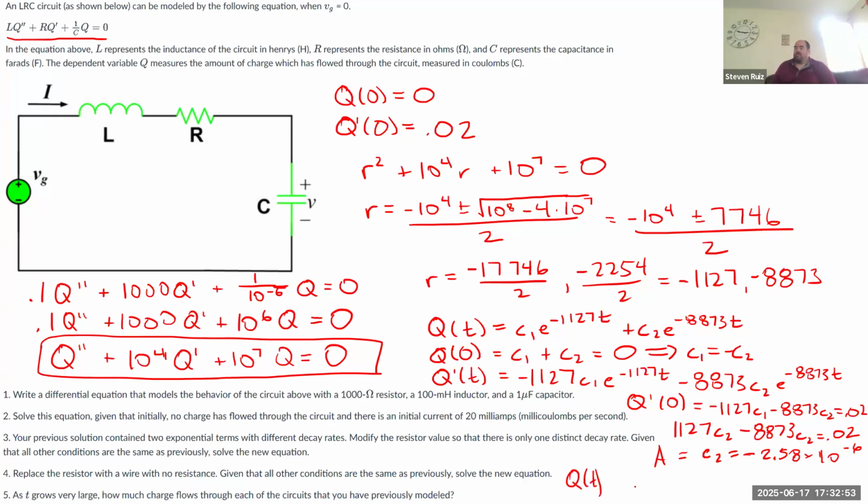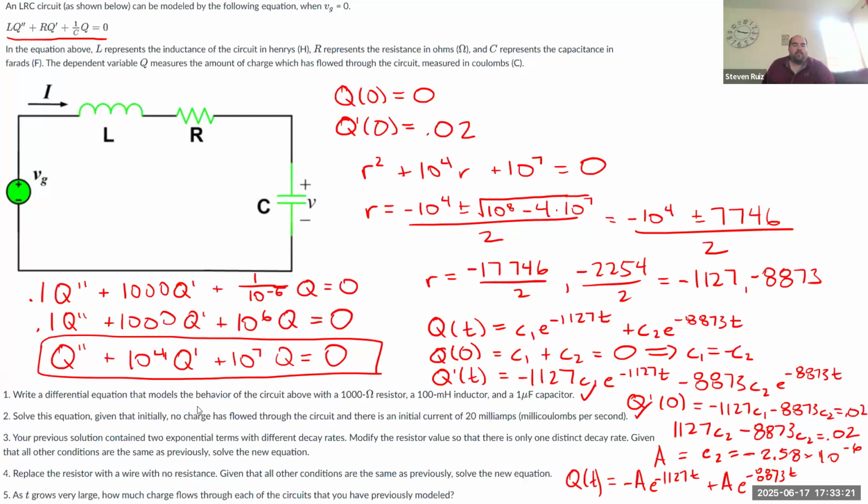Q of T is equal to negative A e to the negative 1127t plus A e to the negative 8873t. All right, so that should be my answer for number 2.